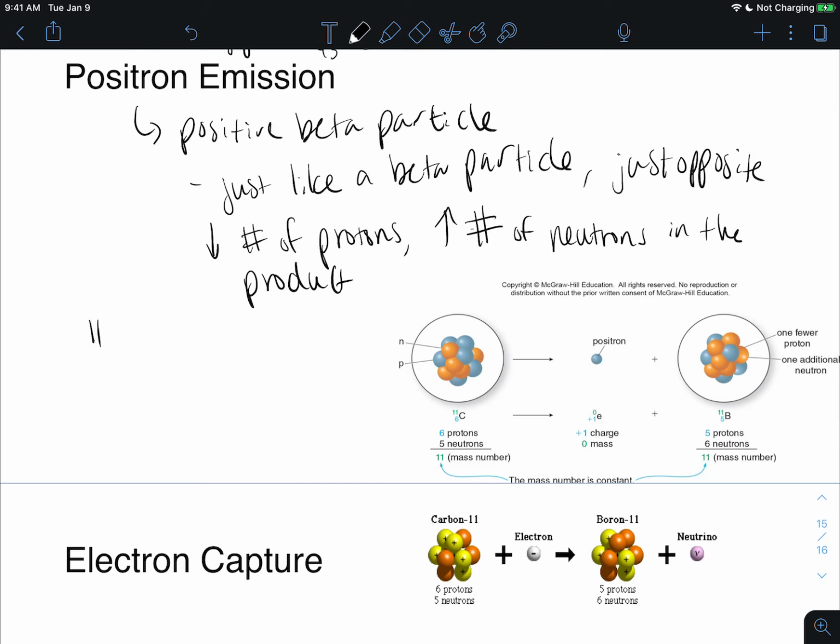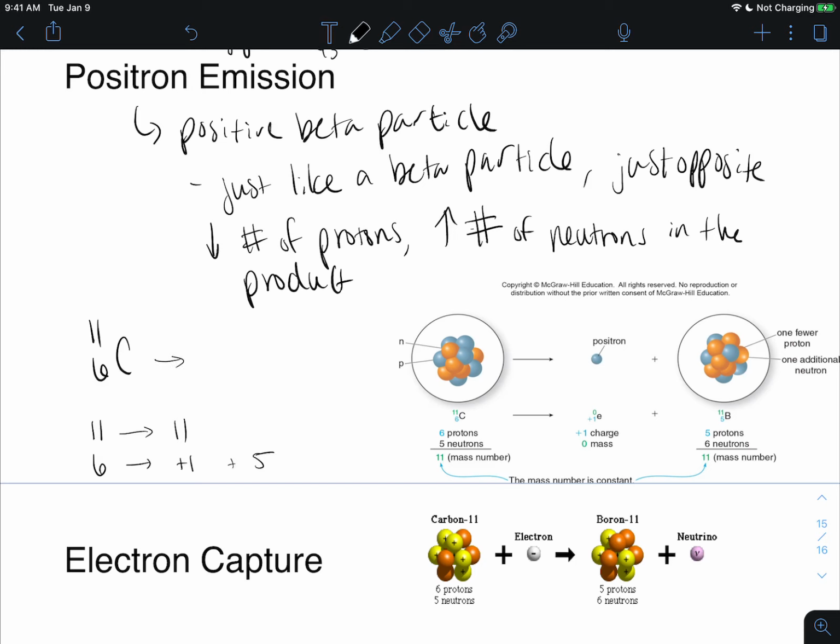So if we have carbon 11, taking that 11, nothing happens to it, but our 6, we're going to have a +1 here. So we have to have a 5 here.